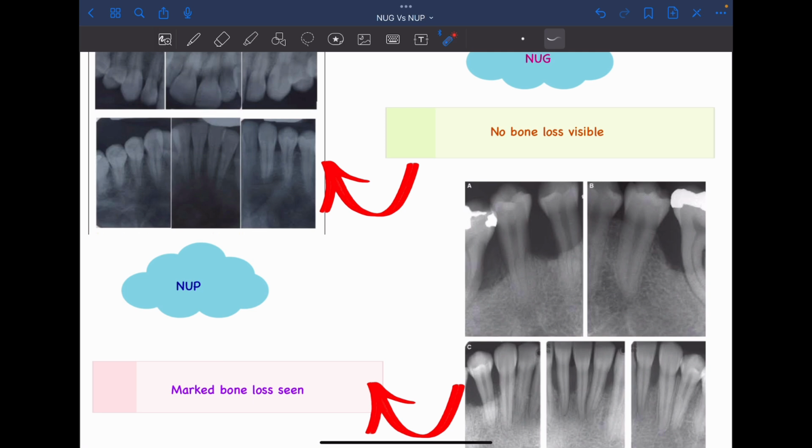For example, here I have labeled it as radiological findings. Then you can also mention the same thing under bone destruction, and also under severity of the bone loss. This adds points to your answer, and it is also the way we need to write for SAQ, because we need to write at least 10 differentiating features. So this is the way you can write this point.